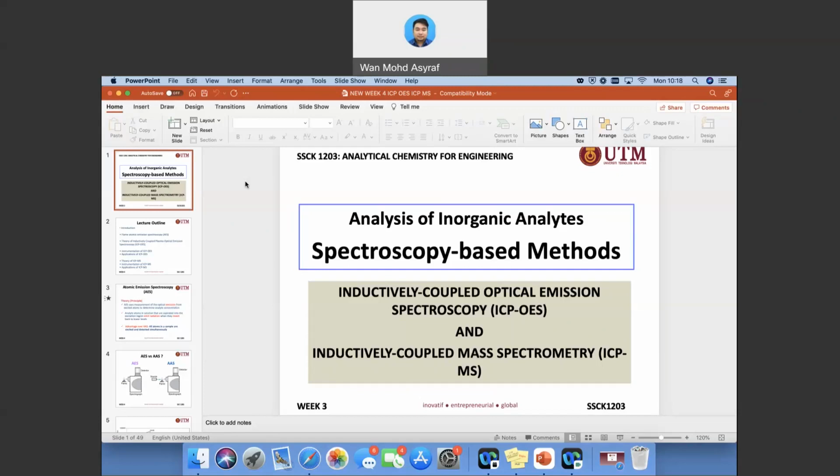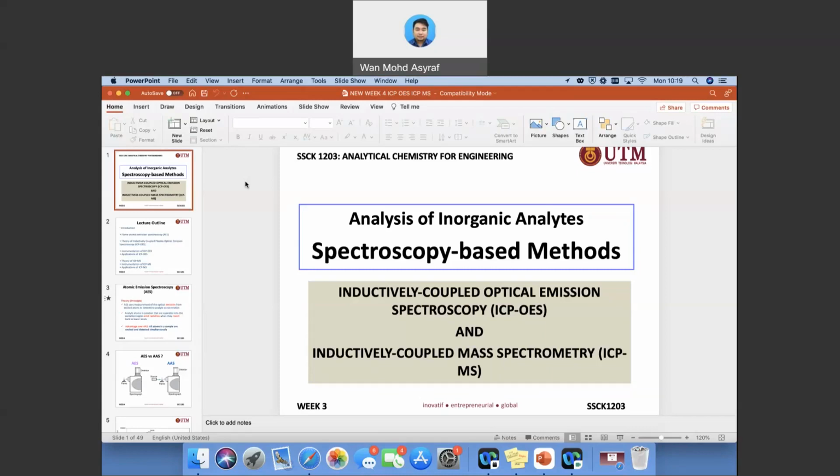Before this, during chapter 3, we have looked into the atomic absorption spectroscopy, where you have looked into flame atomic absorption, graphite furnace atomic absorption, and then we've looked into a very specific atomic absorption spectroscopy, which was hydride generation, and then the cold vapor atomic absorption, which is very specific towards the analysis of mercury.